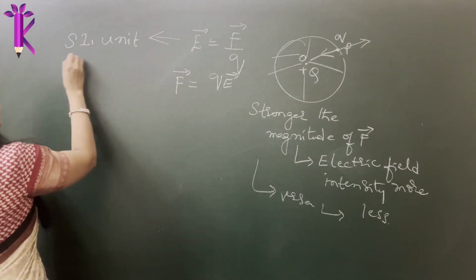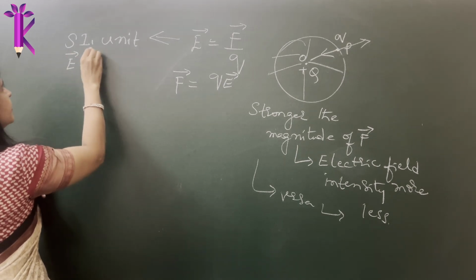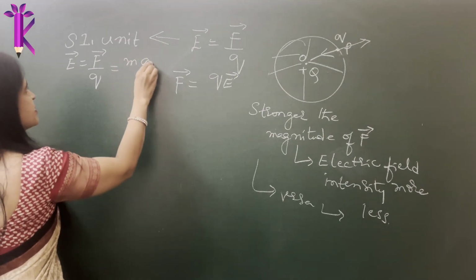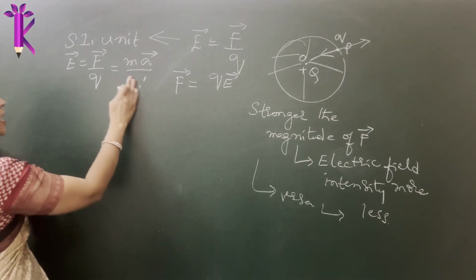SI unit of electric field is equal to force divided by charge. What is force? Force is mass times acceleration, divided by charge. So charge, what is charge?